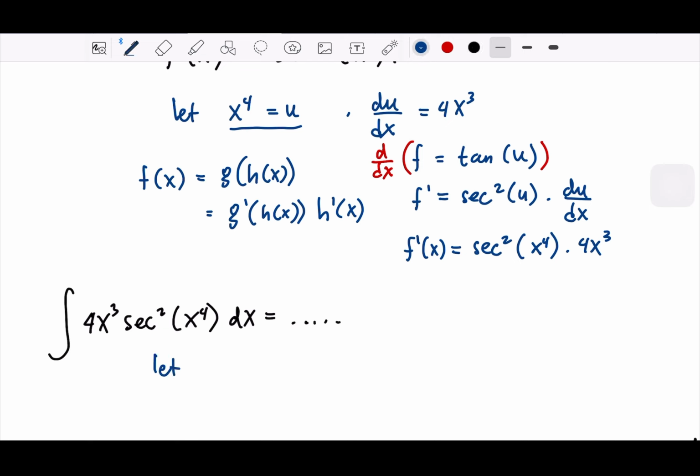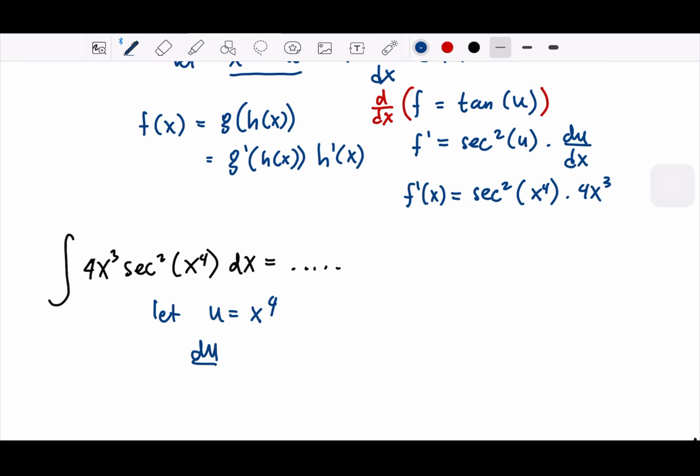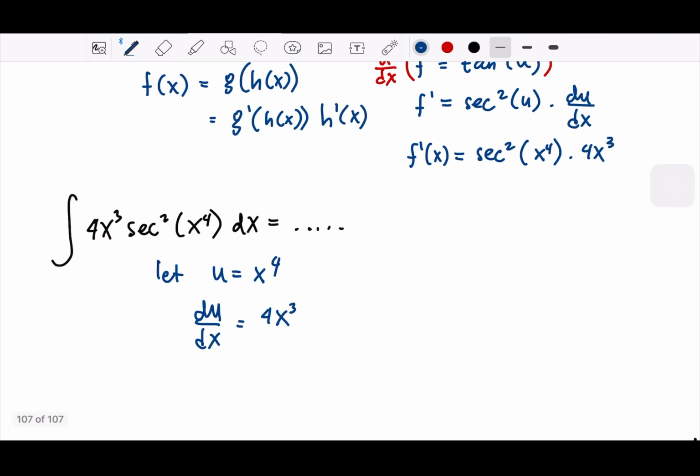So let u be x to the power of 4, and then du dx is 4x cubed, which means that dx is 1 over 4x cubed multiplied by du. By doing so, if we implement this dx inside here, we get 1 over 4x cubed du.